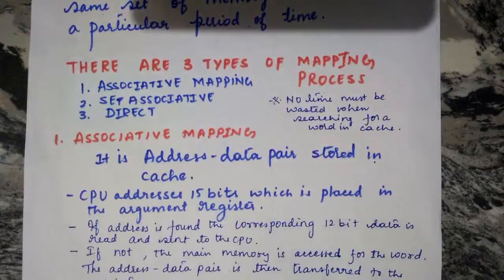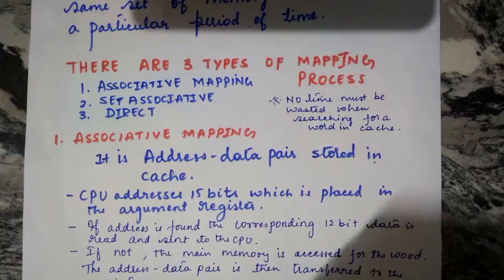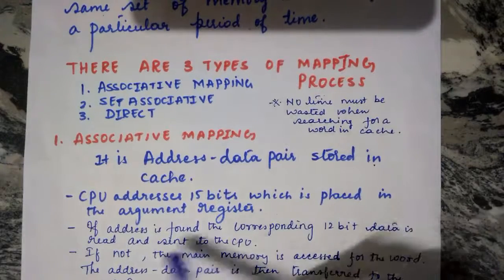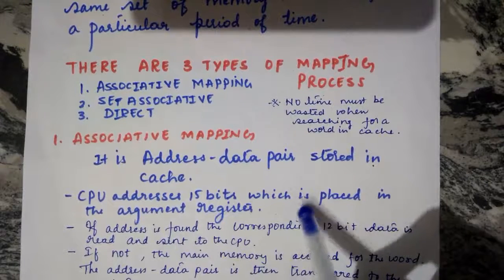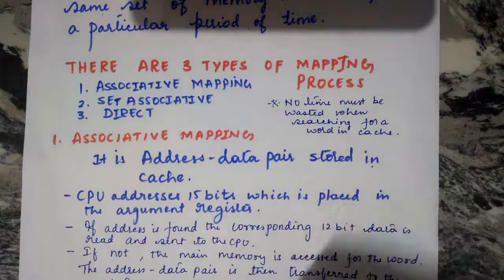It is an address-data pair stored in the cache. There is the address as well as the content of the memory word. A CPU address of 15 bits is placed in the argument register and the associative memory is searched for the matching address.